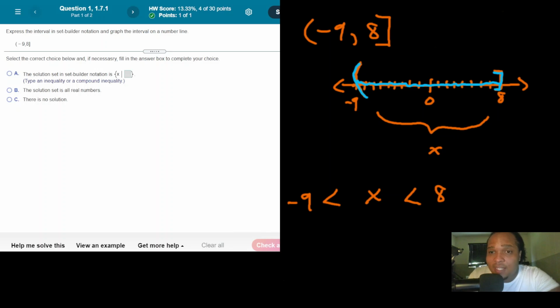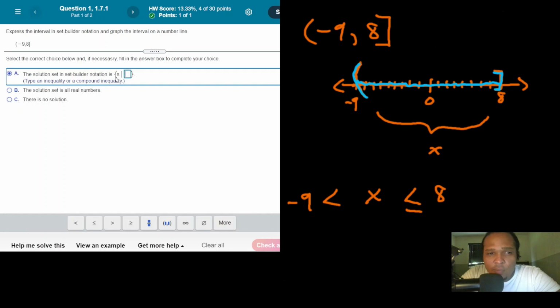A parentheses does not include equality, but the right side does because it's a bracket. So all you do is underline that. And that's it. So for our solution, this symbol right here stands for x such that, it has the little vertical line, x such that x is in between -9 and 8, with the equality symbol being on the 8. So go ahead and type in your -9, just like you have it here.